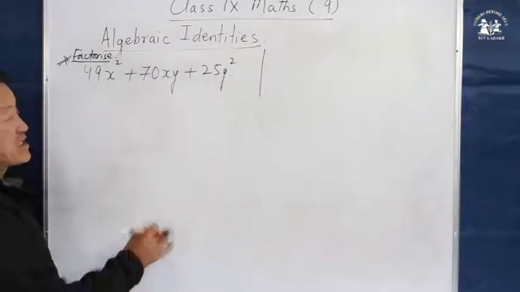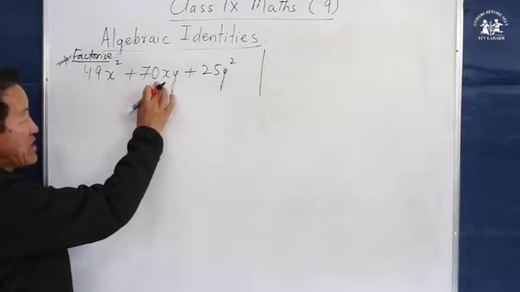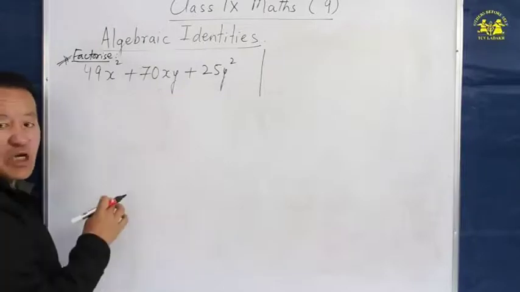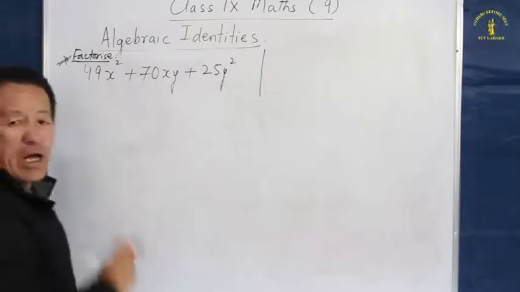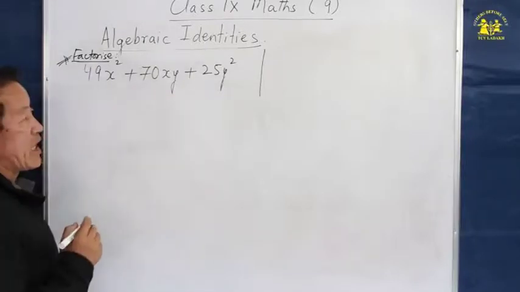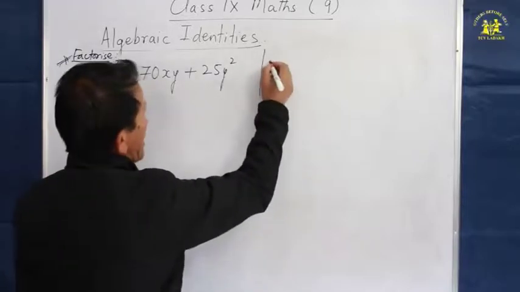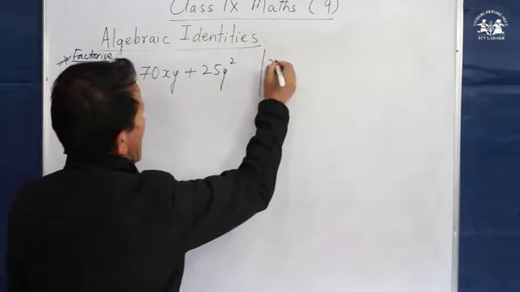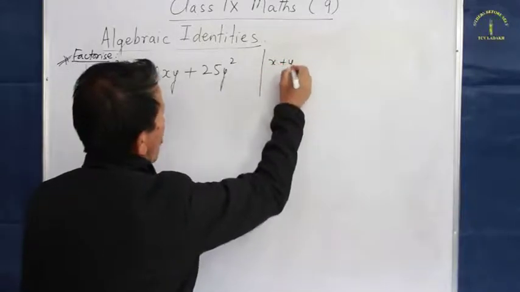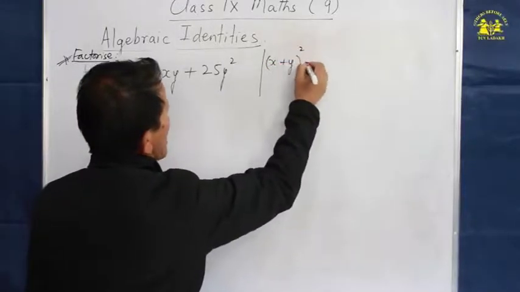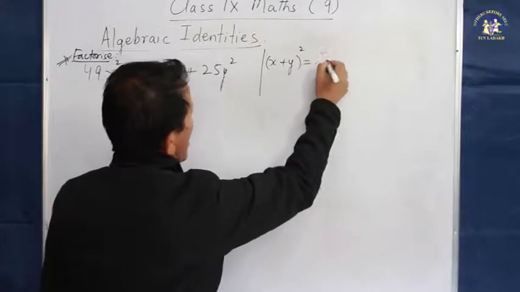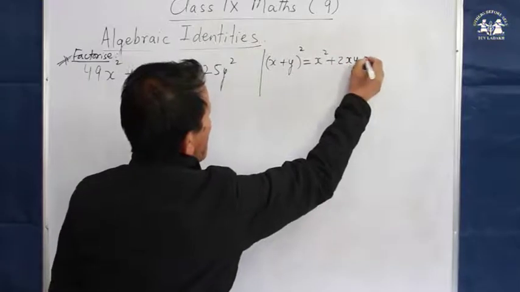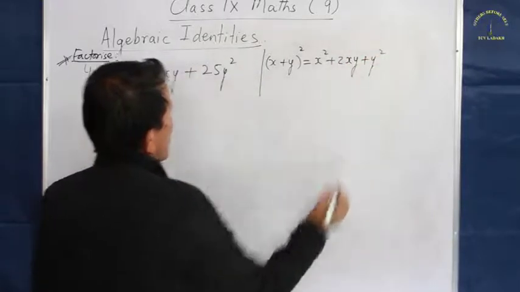Now what we have to check is whether this is the mixed term. For that we'll compare with the algebraic identity. The algebraic identity that we may use is x plus y whole squared is equal to x squared plus 2xy plus y squared.